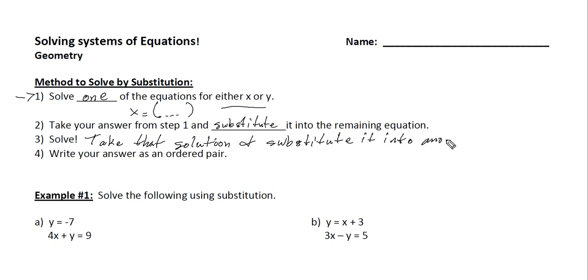It actually doesn't matter at that point what equation we substitute into to get the other variable. Once we're done, we're going to write our answer as an ordered pair.